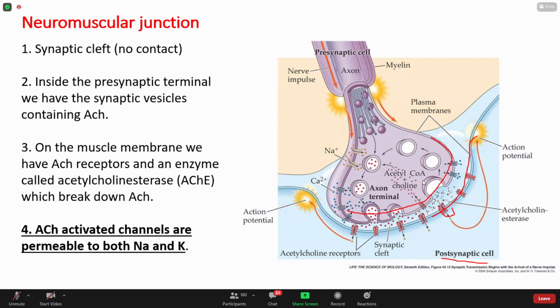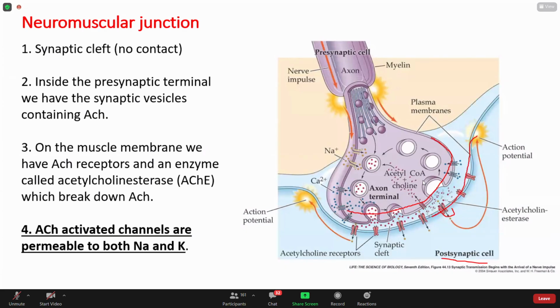Ionotropic, they are ionotropic, okay? Also, on the postsynaptic membrane we have enzymes called acetylcholinesterase, which are known to break down acetylcholine. Now, the acetylcholine receptor is permeable to both sodium and potassium, okay?